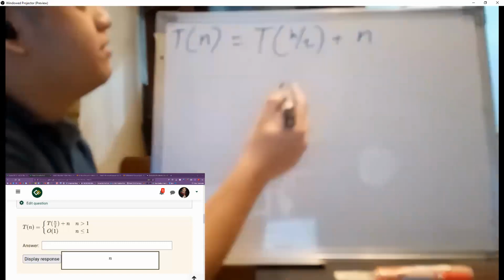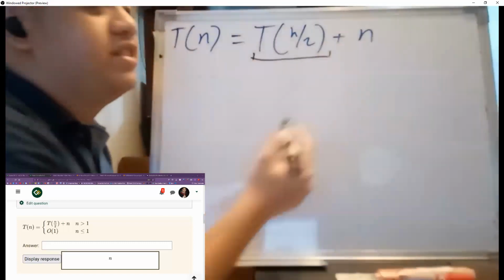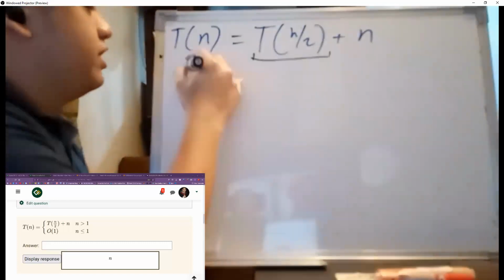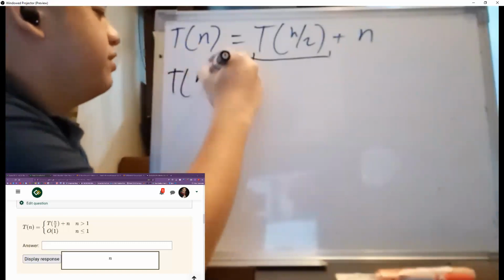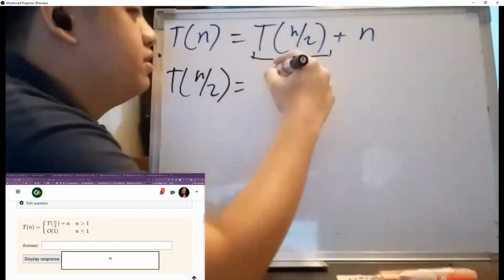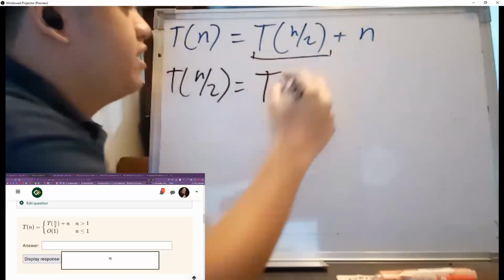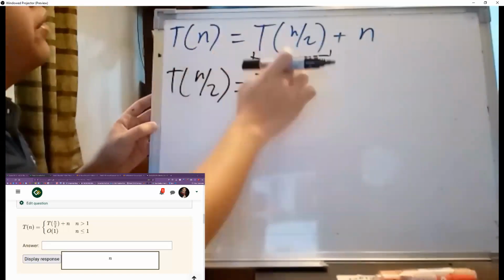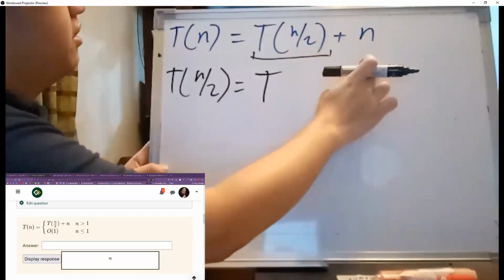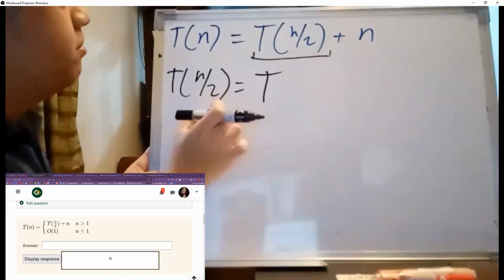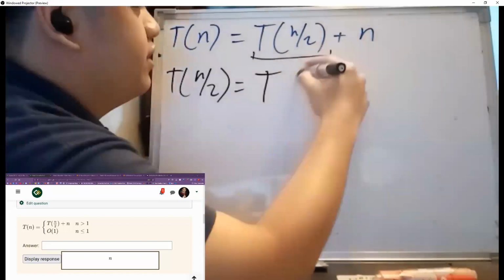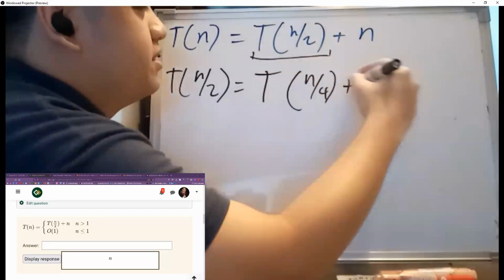So, una, i-expand natin yung term na to, T of N over 2. So, we should get na T of N over 2 is equal to T of N over 2 plus N. So, pag N over 2 yung sa loob, we get na T of N over 4 plus N over 2.